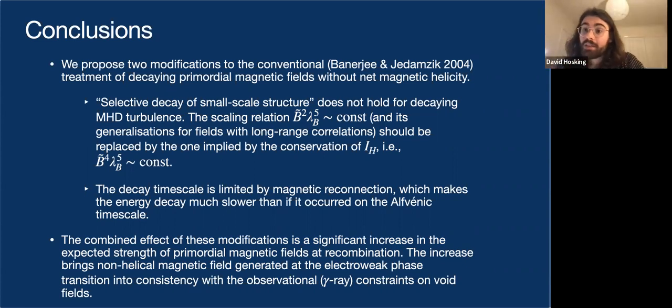I must say that I don't know the answer to the question of how big it is. What I know is that these usual treatments of this decaying field would exclude it. But I think there are studies that look into the possibility of weak dynamo amplification, basically motivated by the fact that you can get fields that are within the disallowed region, but perhaps if you had a little bit of dynamo there, maybe that could bring you up a bit.